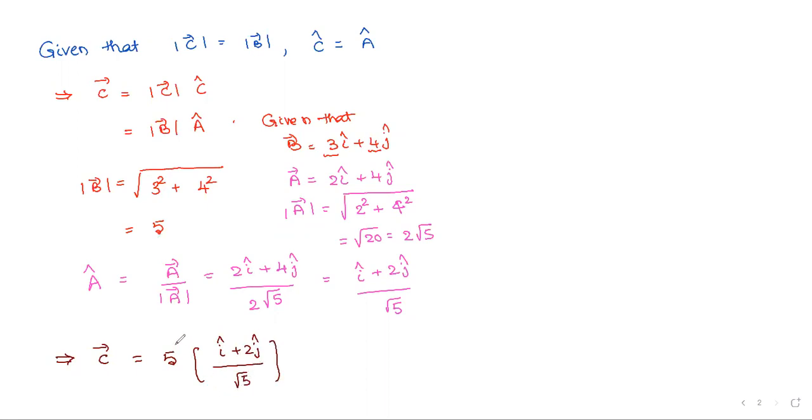Root 5, if I cancel, I will get root 5 into I cap plus 2J cap. This is nothing but what Srinidhi Priya posted. Same answer we will get here. That implies C bar equals root 5 into I cap plus 2 root 5 J cap.